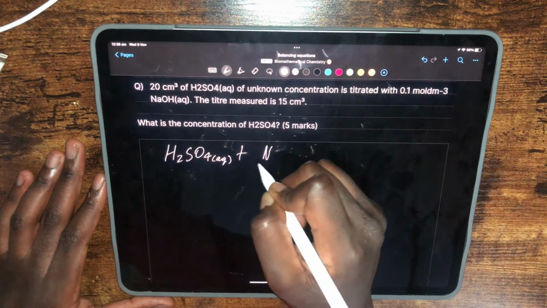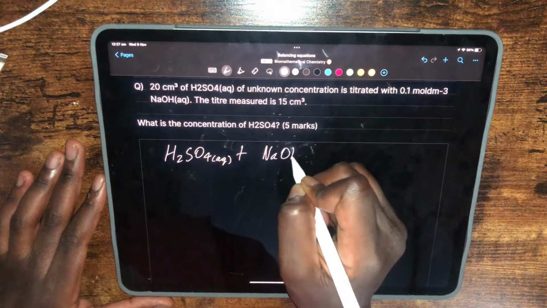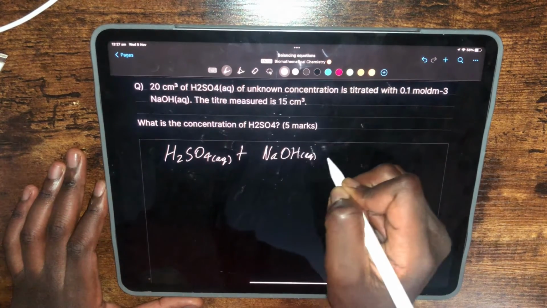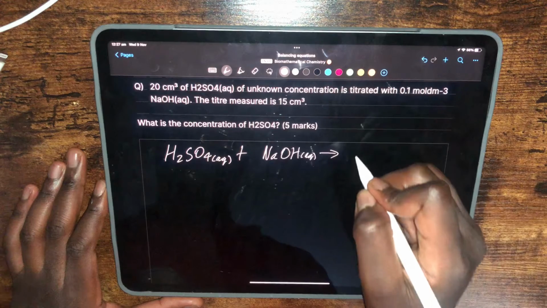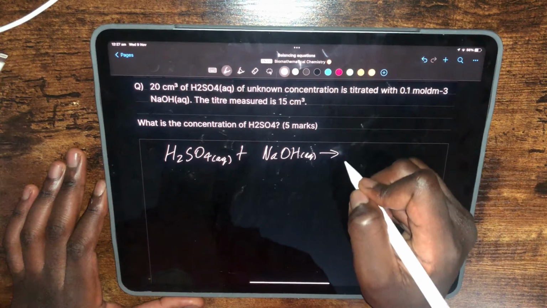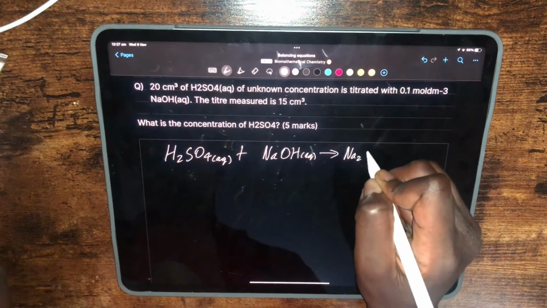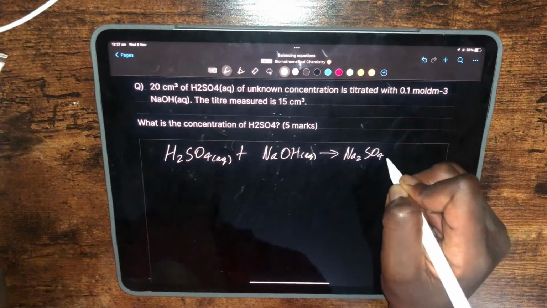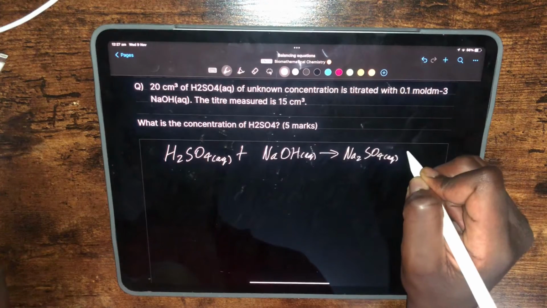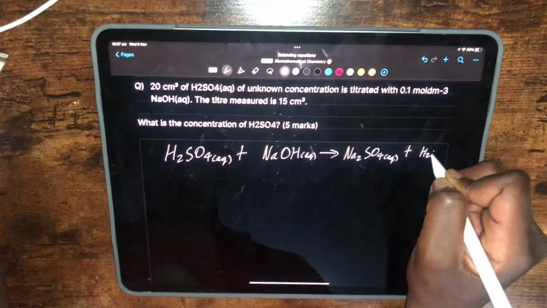I need to leave a bit of space when balancing an equation in case I have another number I want to put there.